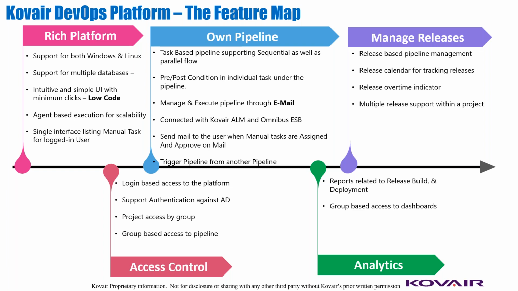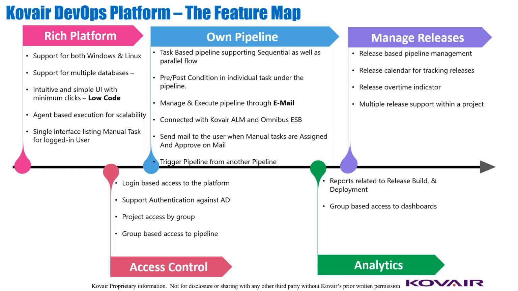Third point is managing releases. Now, in a typical development cycle, you have projects. Projects are divided into releases, and releases have their pipelines. So this platform follows the same architecture where you can define release-wise pipelines.